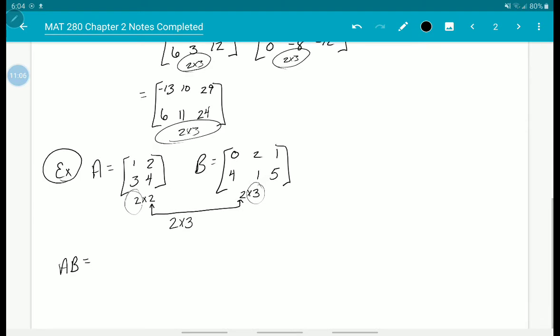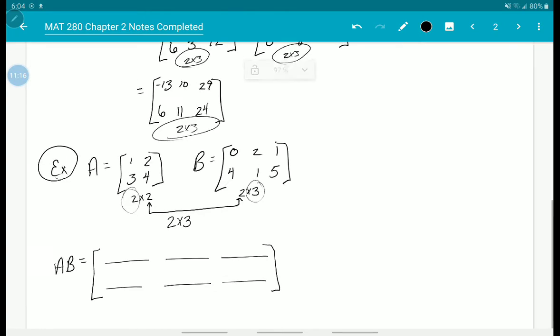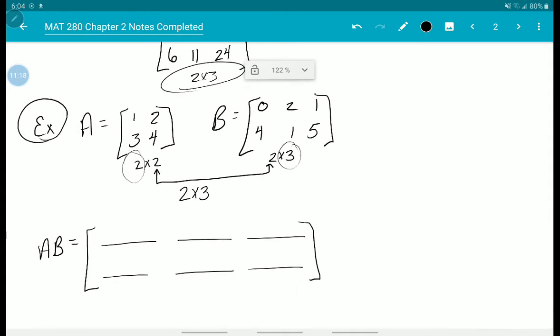So if we look at matrix multiplication, we know we're going to get a 2 by 3. So I'm going to go ahead and put all my little slots in here. You'll see why in just a minute. So I have a 2 by 3 matrix that's going to result. If I want the entry in that first row, first column, I'm going to have to use first row, first column to get there.